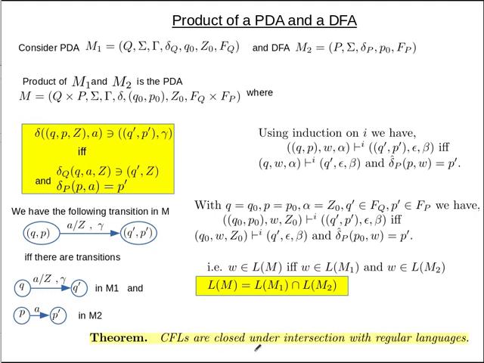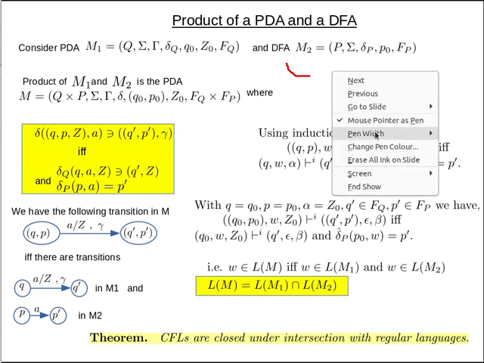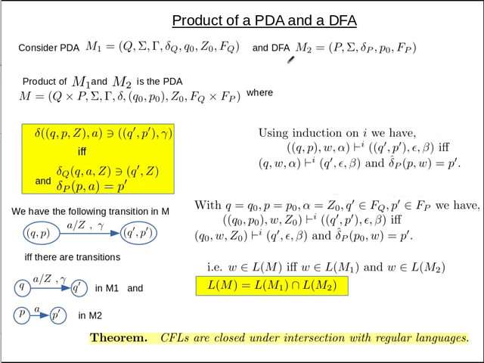So for regular languages, we proved that if say L1 is regular, and also if L2 is regular, then their intersection is also regular, right? So this we proved when we proved closure for regular languages.